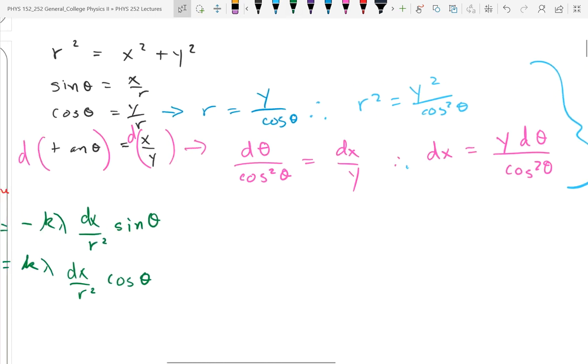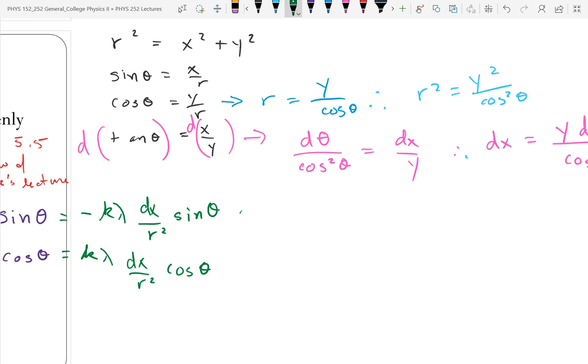So now I can do these integrals with relative ease. dE_x is minus k lambda over y times sine theta d theta, and dE_y equals k lambda over y times cosine theta d theta. So remember, the top one is dE in the x direction.